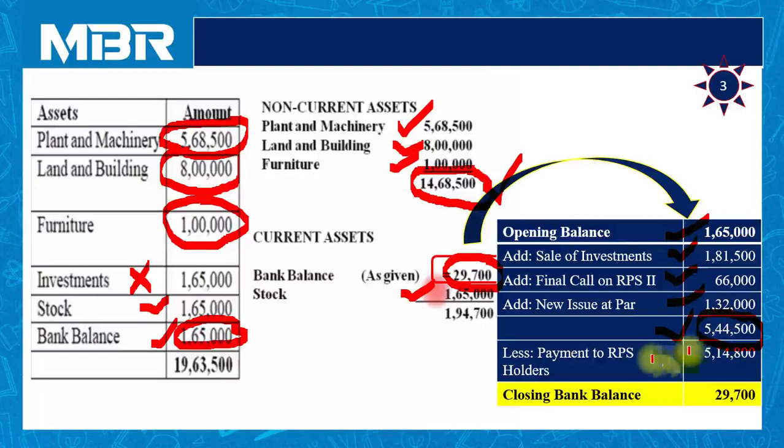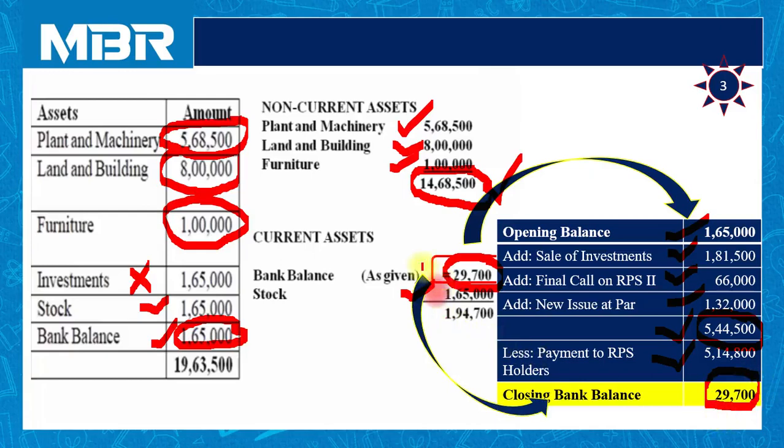So at the time of passing the entry in step number 5, we have paid rupees 5,14,800 to the holders of RPS. So the closing balance available with the company at the end of this redemption process is 29,700.